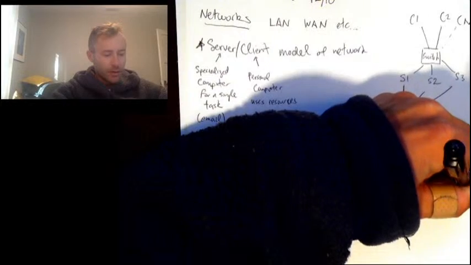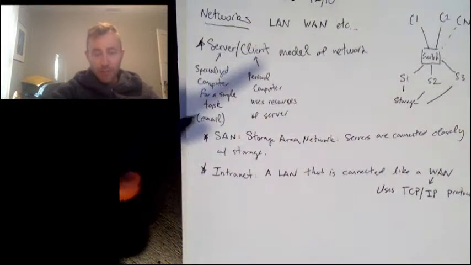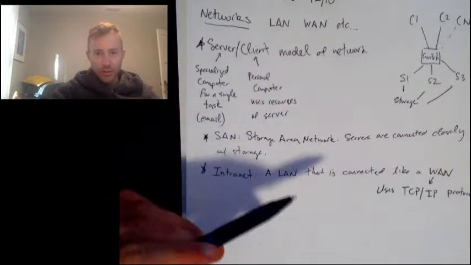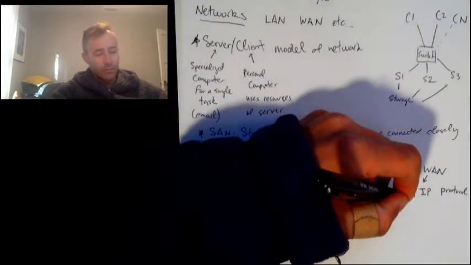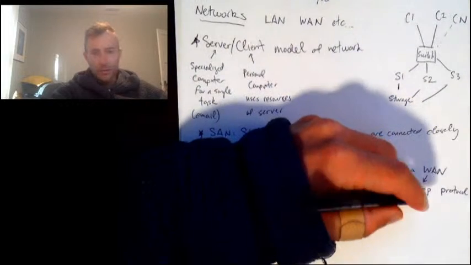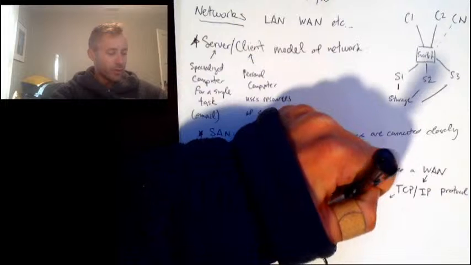So it's just like a LAN, but it's a LAN that's communicating using the protocols of the internet. So what do TCP and IP mean? TCP stands for Transmission Control Protocol.